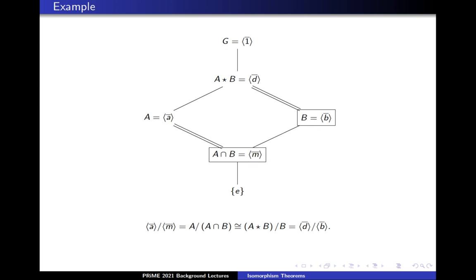Okay, so in this example, we have, again, a diamond diagram, and our group G is generated by 1 bar, the cyclic group. We have the identity, and then we have that the following two quotients are isomorphic. So if we look at A star B generated by D bar mod B generated by B bar, that's isomorphic to A generated by A bar mod A intersect B generated by M bar. Okay, so again, we have this diamond isomorphism.